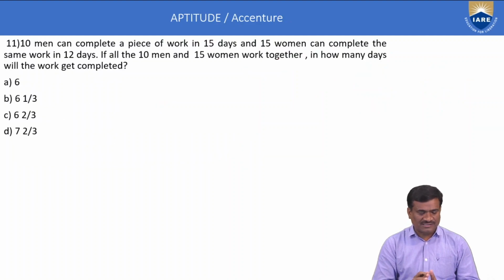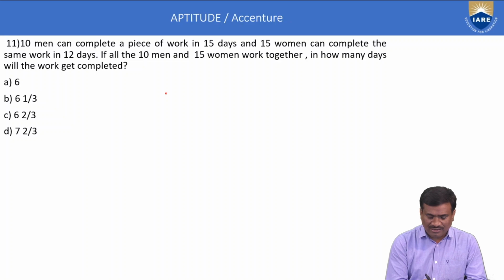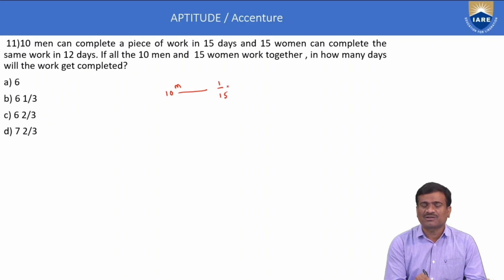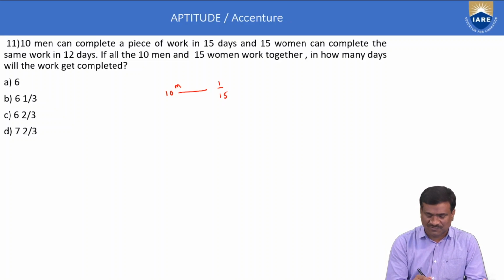Next, 11th example, time and work concept. 10 men can complete a work in 15 days. Then calculate 1 man. 10 men's 1 day work is equal to 1 by 15. In time and work, the application is the inverse method. Convert into an inverse. 10 men's 1 day work is 1 by 15.